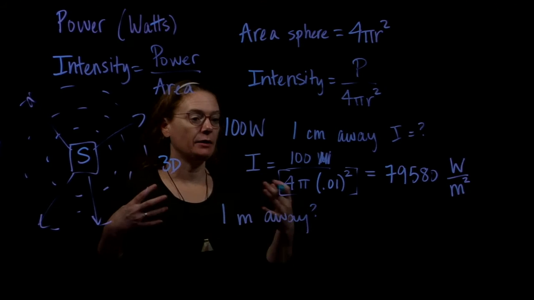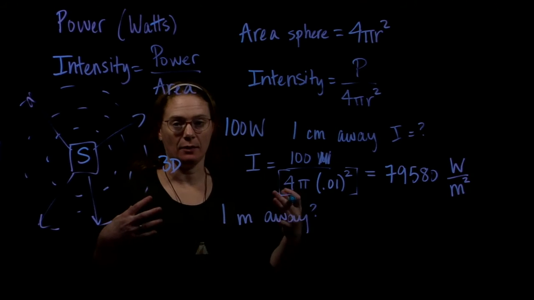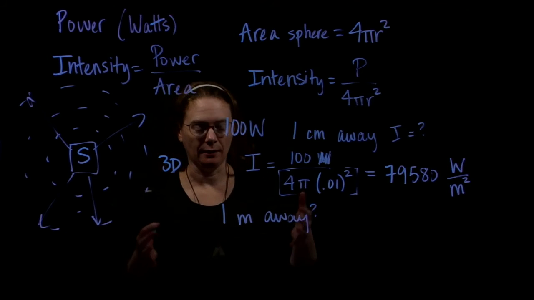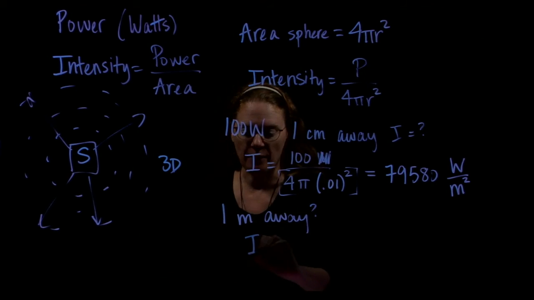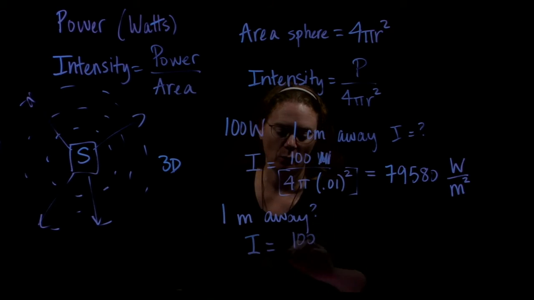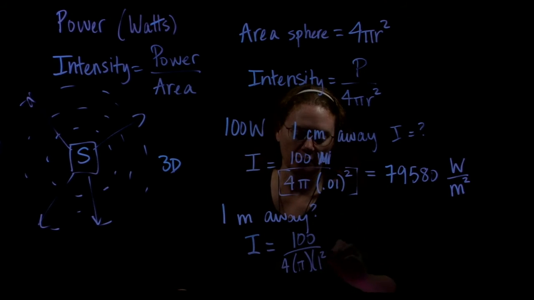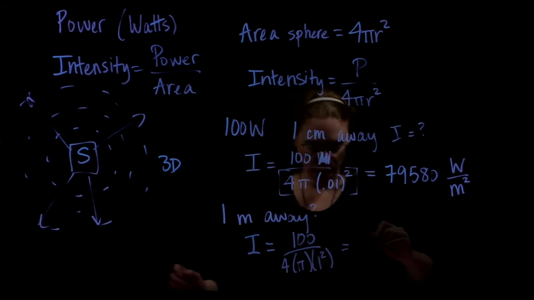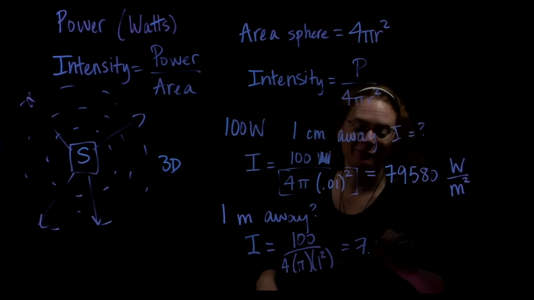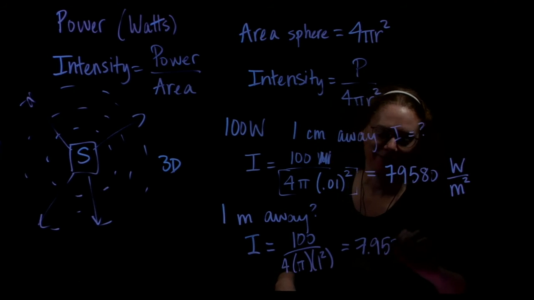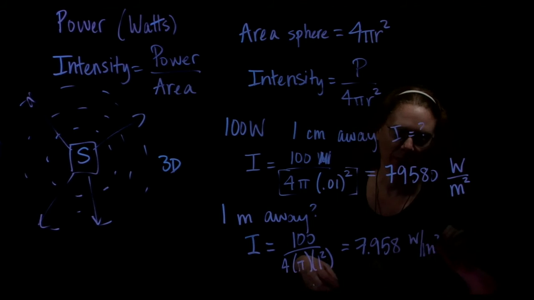We're 100 times the distance away, so it's going to be a lot less intense. If we do the math, it would be 100 over 4 pi times 1 squared. If you do that math, it's 7.958 watts per meter squared.